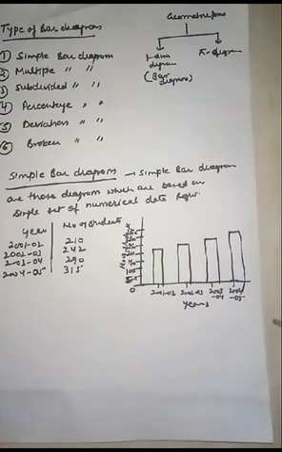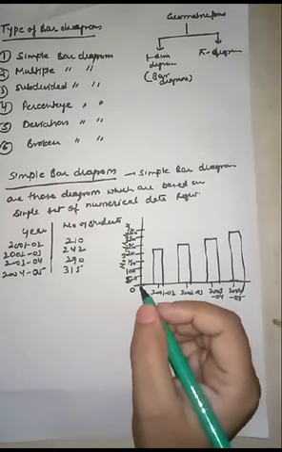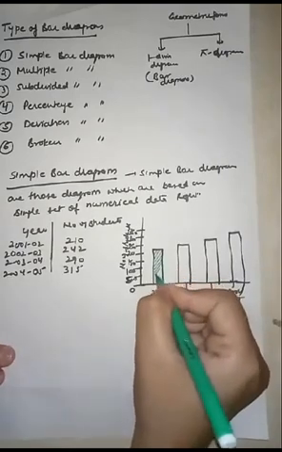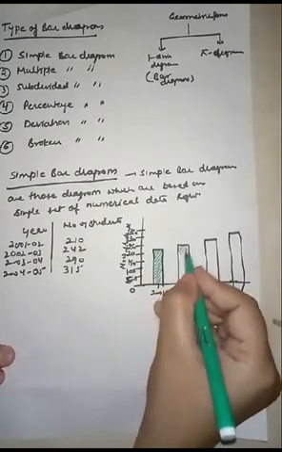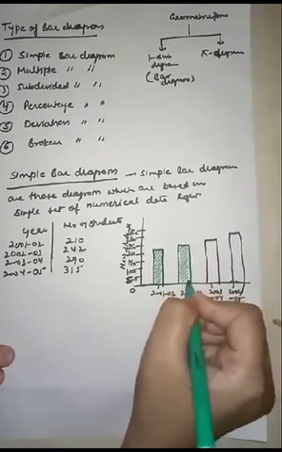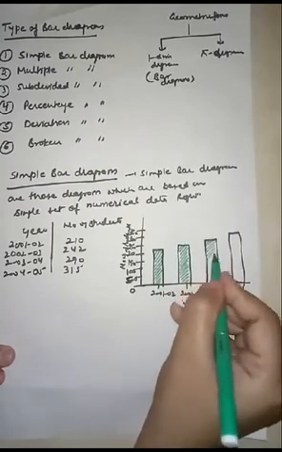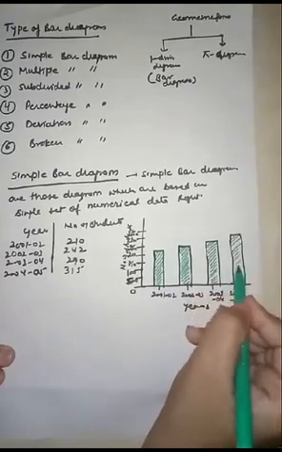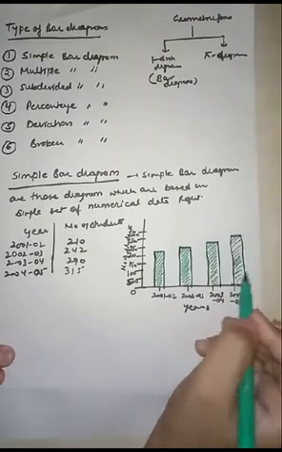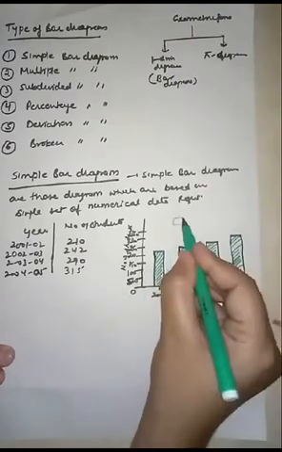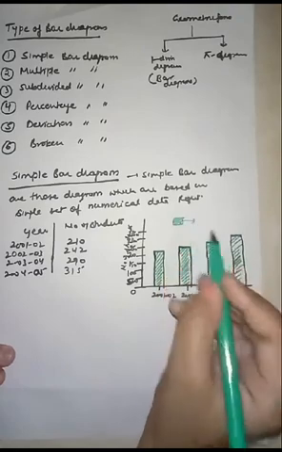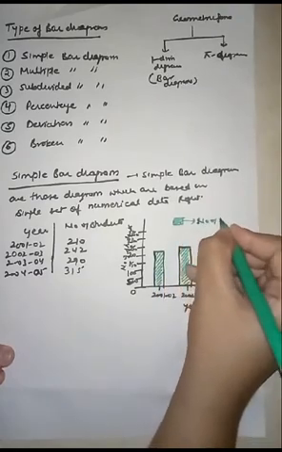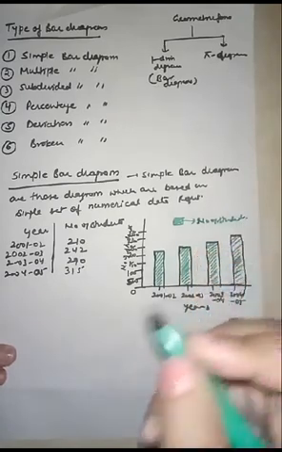So now use more color to make it more attractive. This shows the number of students, right?